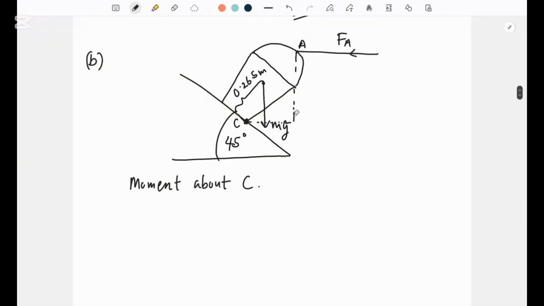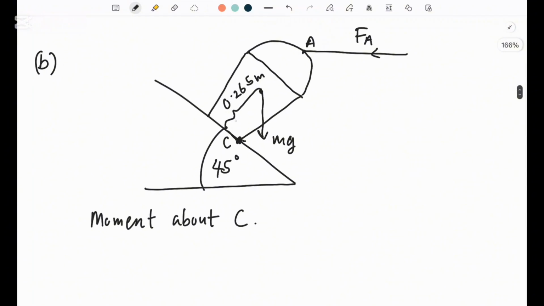No, without taking that way, let's try another way. That's a bit complicated. Oh, wait a minute. If you look carefully, I'm going to draw a dotted line like this, okay? And if I draw another dotted line over here, so this angle is 45. This angle is also 45.